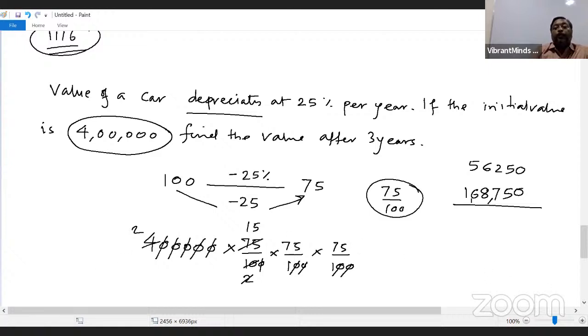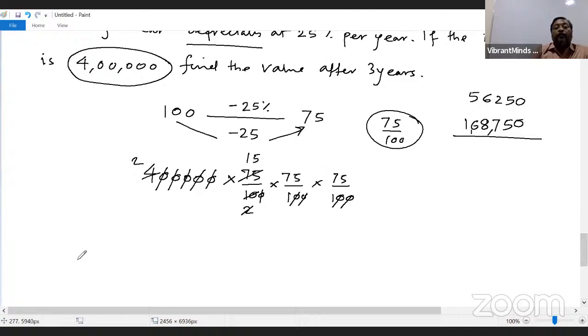1,68,750. You can do it, and again I have given you one more method, and that is this method. 4 lakh minus 25%. So 25% of this will be your 1 lakh. Isn't it? 1/4 of this value. So 1 lakh, and this is minus.